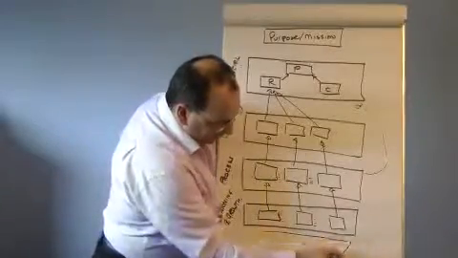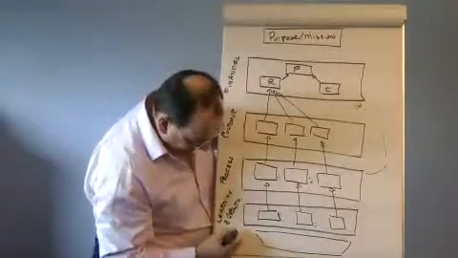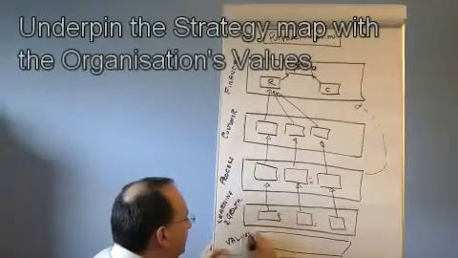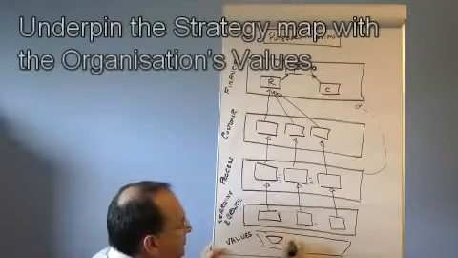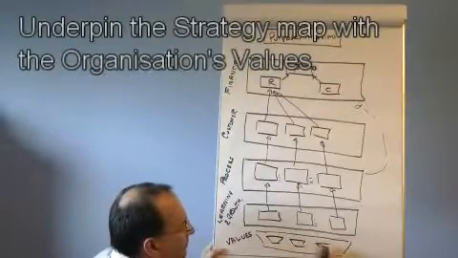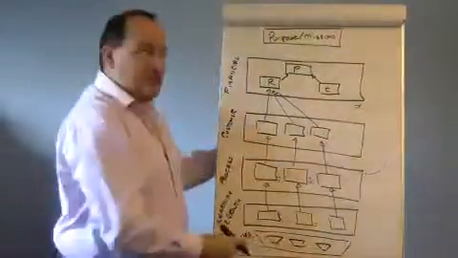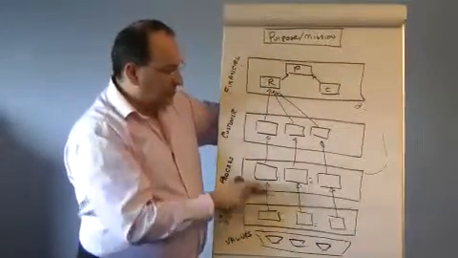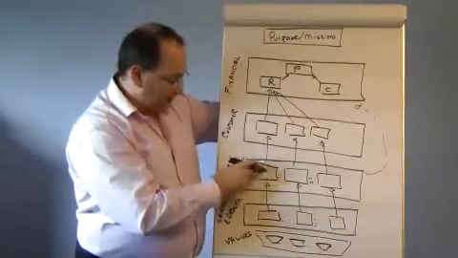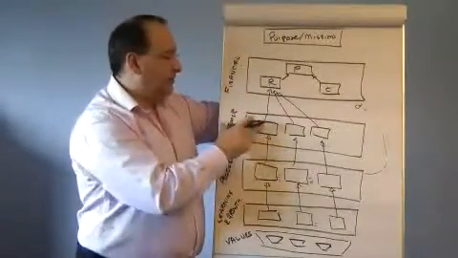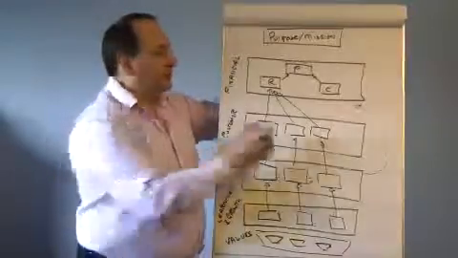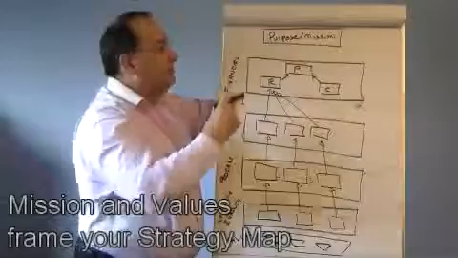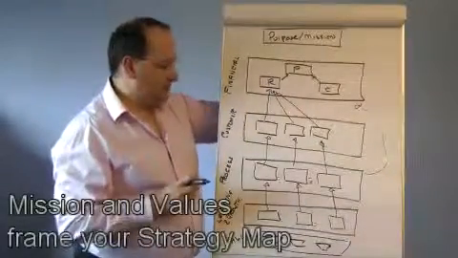And I always place underneath, let me write it down here, the organisation's values, which underpin where learning and growth is going to come from, so that you deliver the processes better, do things better, so the customers are happy, so they'll give you money and do it economically. So these values and the purpose and mission frame the strategy map.